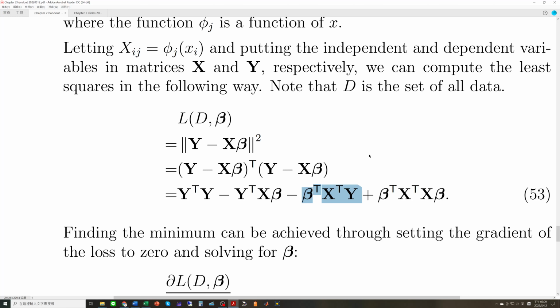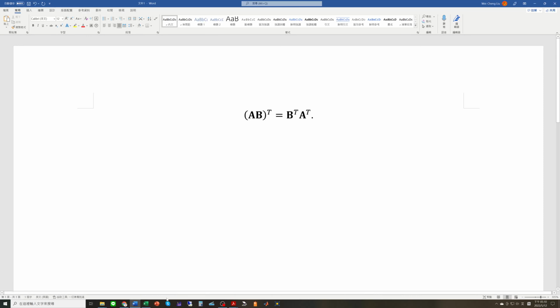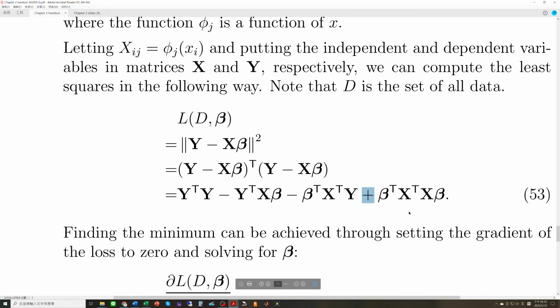Finally, negative X beta transpose times negative X beta is equal to positive. Again we use this property, and then we get beta transpose times X transpose times X times beta. Then we get equation 53.